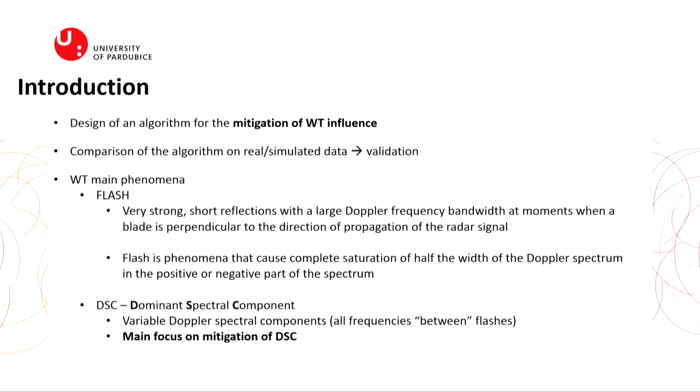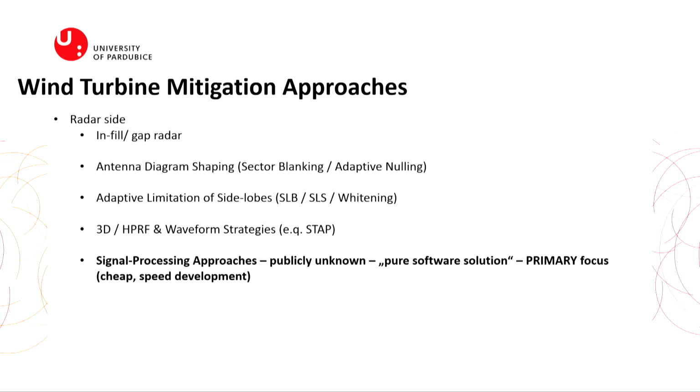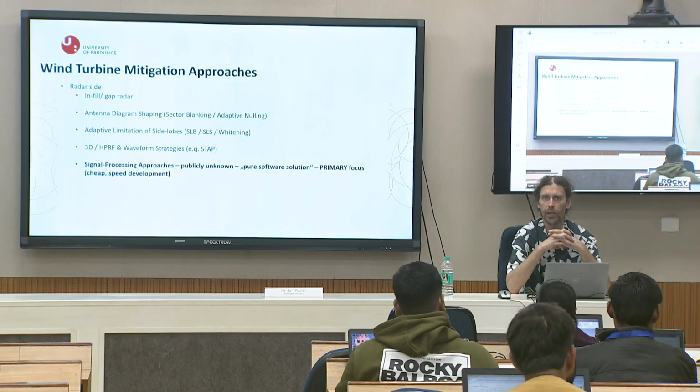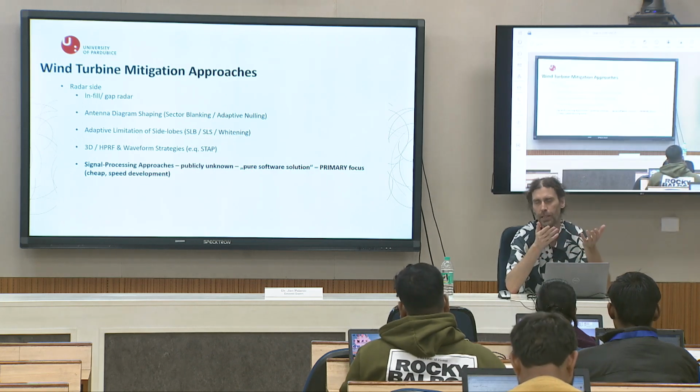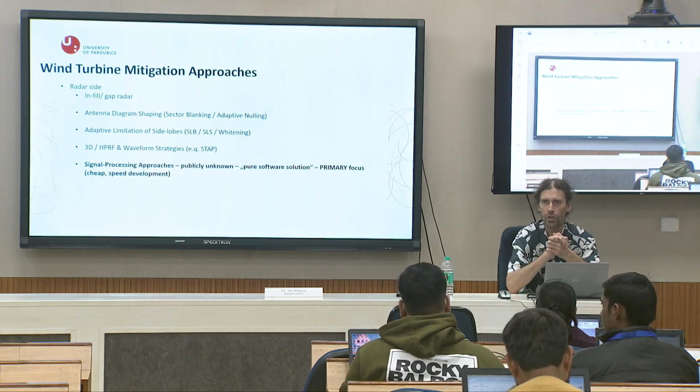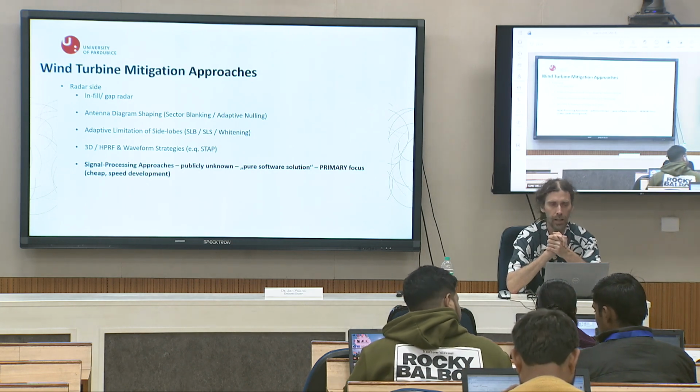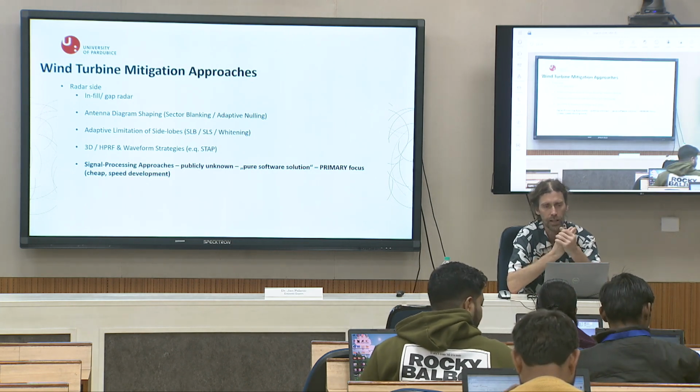If I go to the next slide, there is a small recapitulation of wind turbine mitigation approaches. First I introduced the infill or so-called gap radar. It is just another radar that you place in the environment where the wind turbines are, especially wind turbine farms. So it is an additional radar in your radar network.